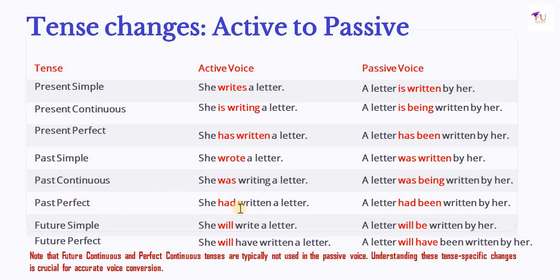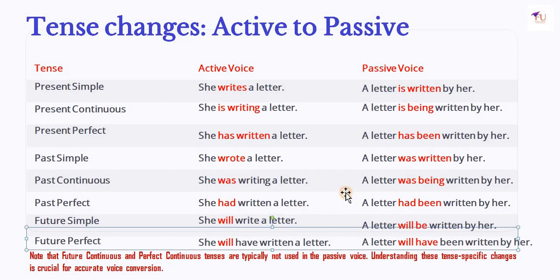Now past perfect tense, had: she had written a letter. Now: a letter had been written by her, so had been would be added. Now in future tense: she will write a letter. In future tense, we only add be with the changes in passive voice.